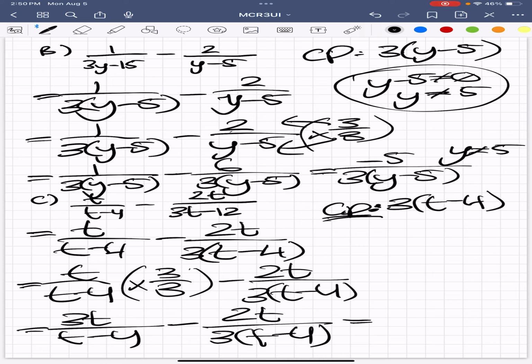So we have 3t, and then we add and subtract the numerators. So 3t minus 2t equals just 1t over 3 times t minus 4.